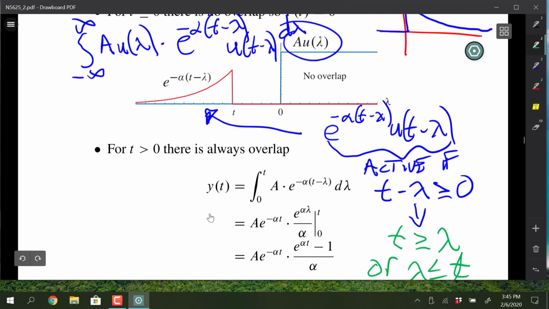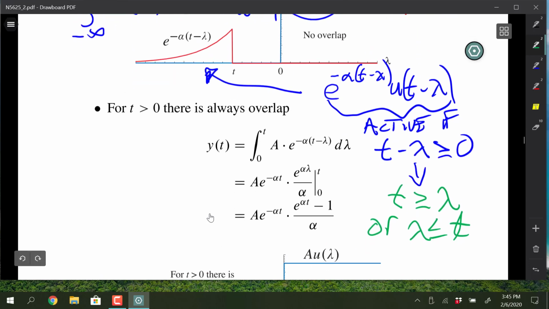So that's what we have here. This is probably the better way of thinking of it, because this just tells us where we're active. So on the lambda axis, we have to have lambda less than t for it to be active, and it's 0 otherwise. So that's telling us where it turns off.